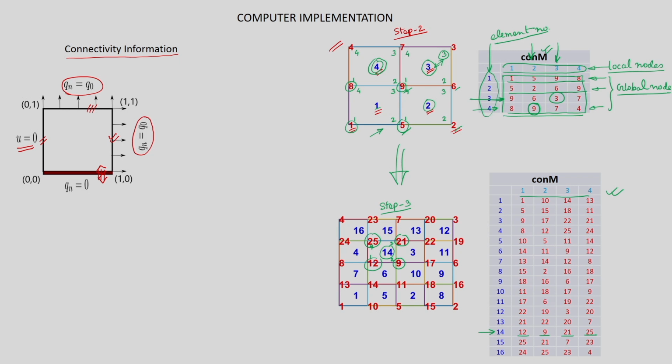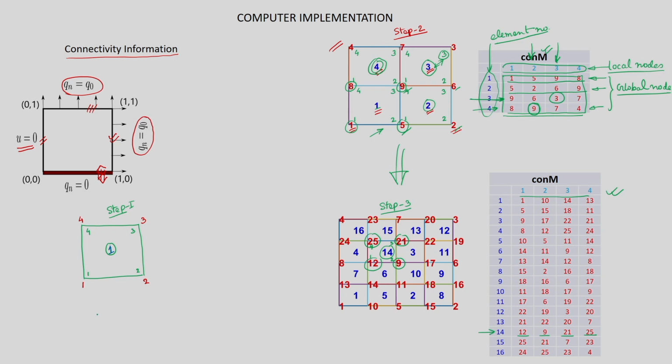In fact, we started from step 1 where the whole domain is taken as one element. Let us denote this with a blue number, the element has been numbered in blue, and the corresponding global nodes are 1, 2, 3, 4, and the local numbers we have taken as 1, 2, 3, 4. If this is step 1, what is the connectivity matrix for step 1?